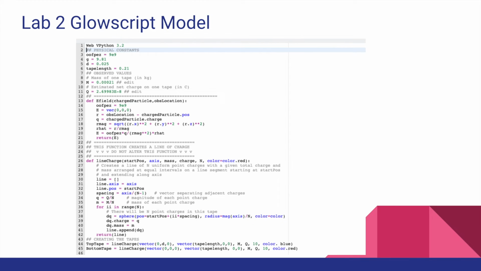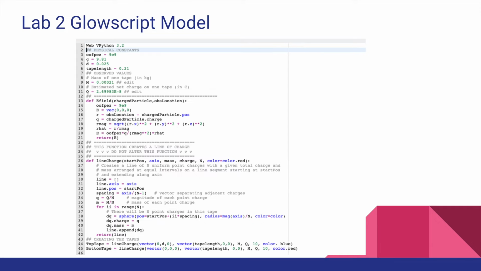However, in this lab, since we are modeling the tape as 10 evenly distributed segments, we had to create a GlowScript model to calculate the total electric field from each of these segments onto tape B. We did this by first creating a function for the electric field, which calculates the field at a certain segment of the charged particle.